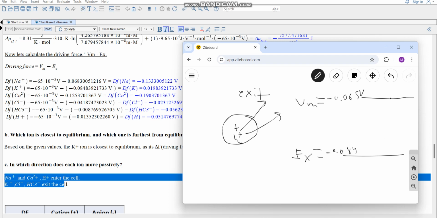So this actually means that it will go down like this, right? So we're at the membrane potential, and it will equalize by going to the equilibrium potential. So it will exit this cell. Okay? And similarly, you can do it for all of the other ones, but I don't have time for it right now.